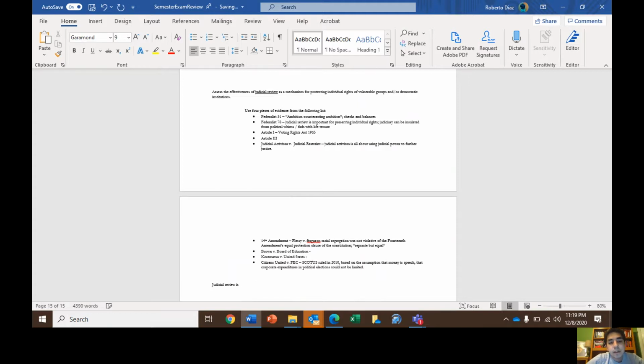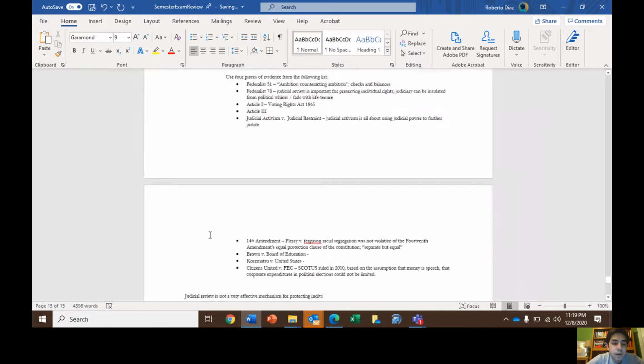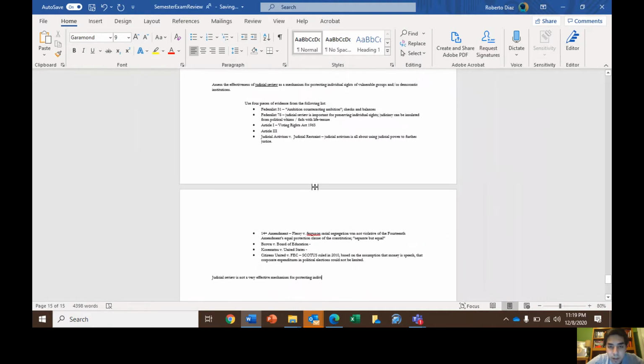Judicial review is not a very effective mechanism for protecting individual rights of vulnerable groups.